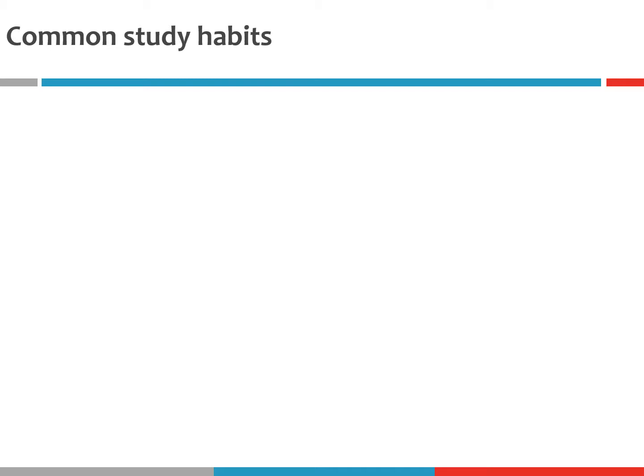So in my last video, I talked about some of the common study habits that college freshmen typically engage in. For example, a lot of them said that they like to reread their notes and textbook chapters and engage in kind of a passive restudying of information.